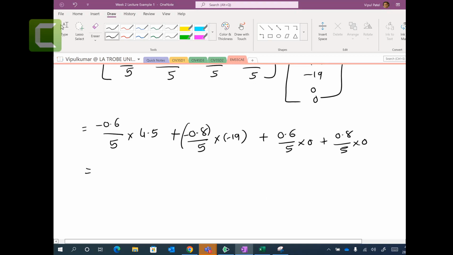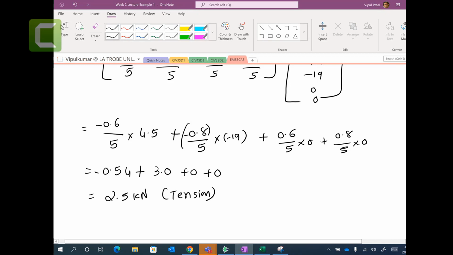So let me put that one in. 0.6 times 4.5 over 5, you got 0.54, plus 0.8 times 19 divided by 5, plus 0 plus 0. So you get 2.5 kilonewtons, which is in tension.